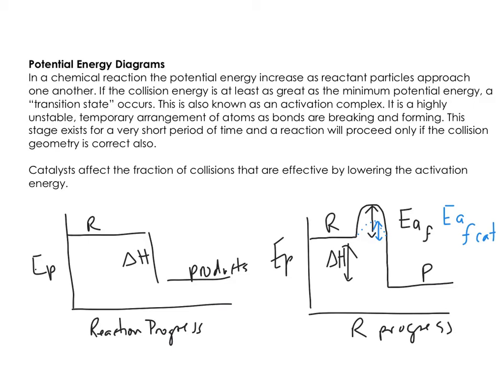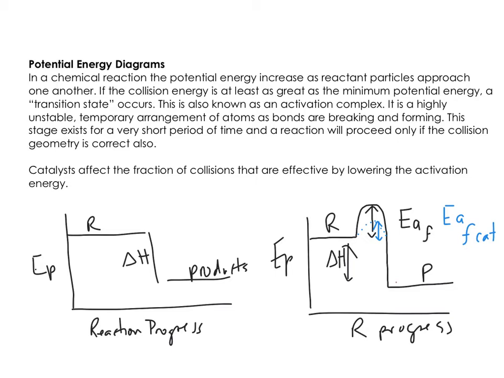So all reactions will have a forward reaction. Some reactions will have a reverse reaction. And that reverse reaction is going from your products to your reactants. So one direction it's exothermic, the other direction, because it's the opposite, will be endothermic.